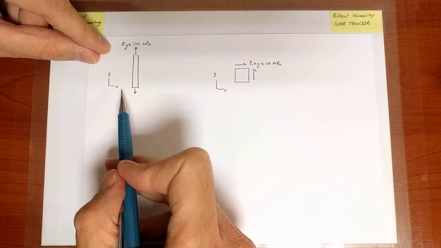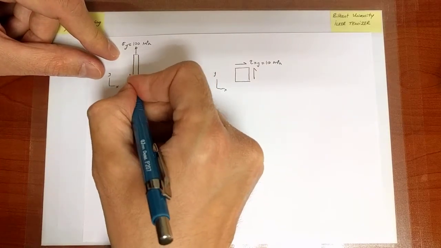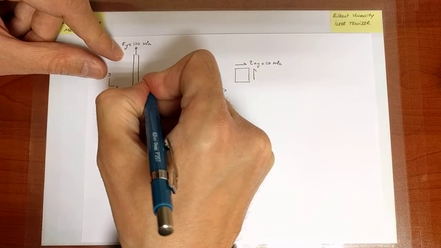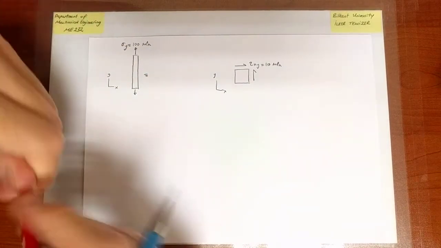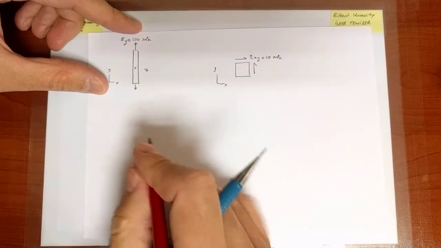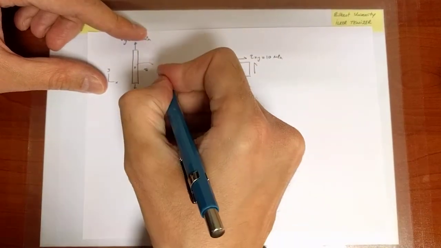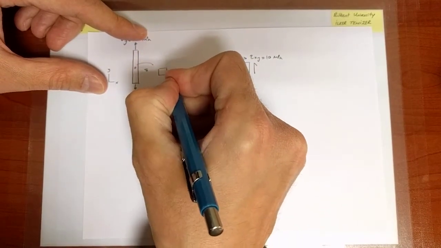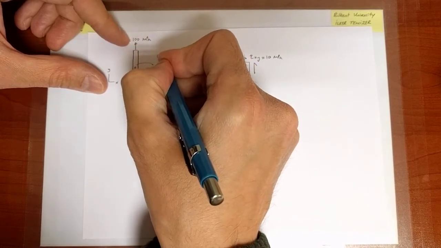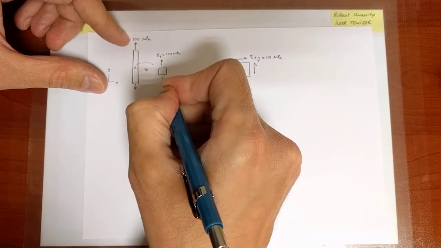On the left, we have sigma x equals 0. So if I were to translate this problem, I could concentrate on a certain point in the structure, in this beam, and at that point I could write the state of stress on an element as sigma x equals 0, sigma y equals 100 MPa, and there is no shear stress.